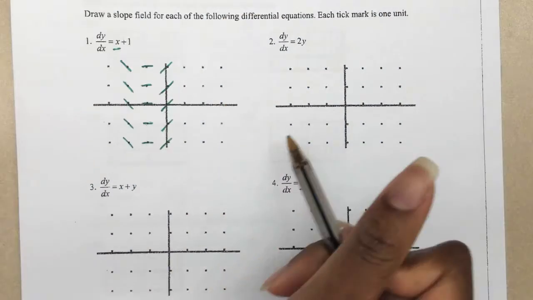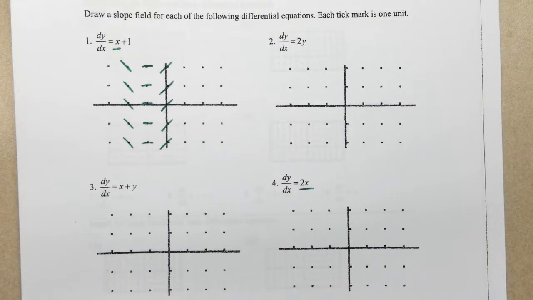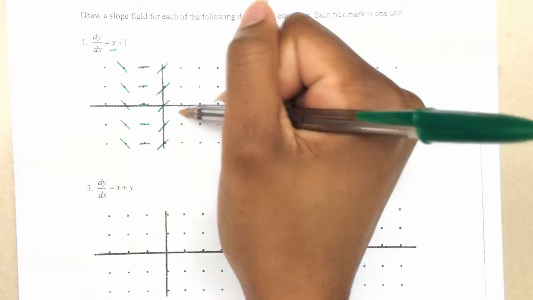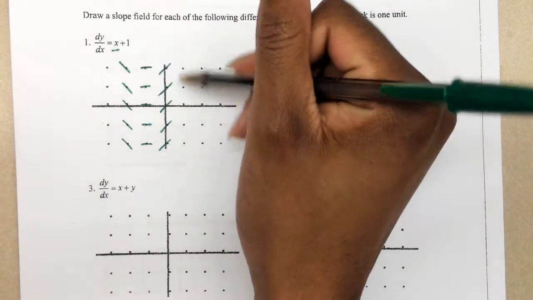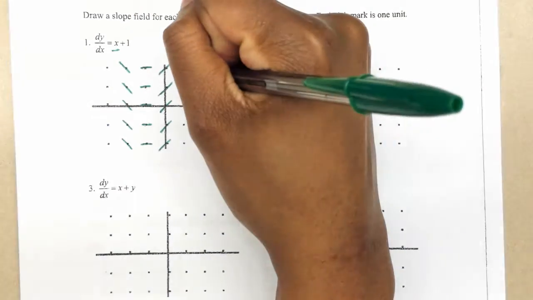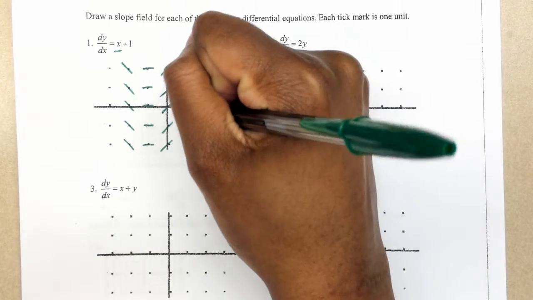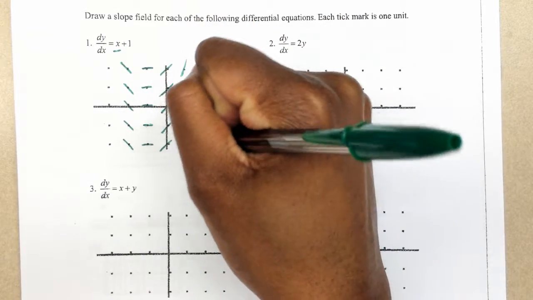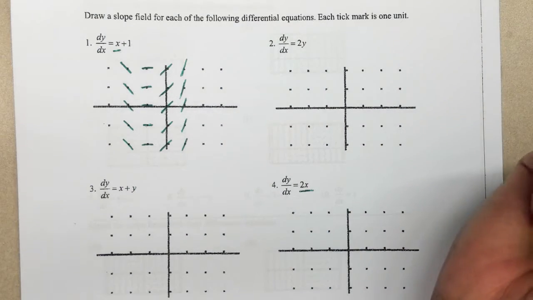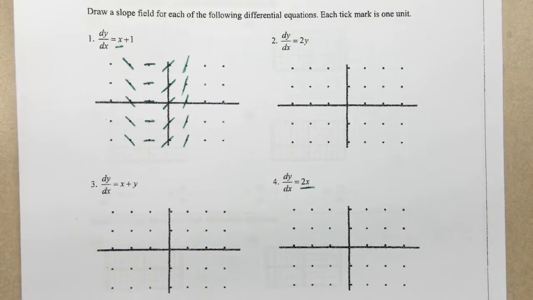And as I continue outwards, my slopes will get steeper, either positively steeper or negatively steeper. Right? So if x is 1, 1 plus 1 is 2, so I have a slope of 2. So I'm just making my tick marks just a tad bit steeper every time. And that would continue on.